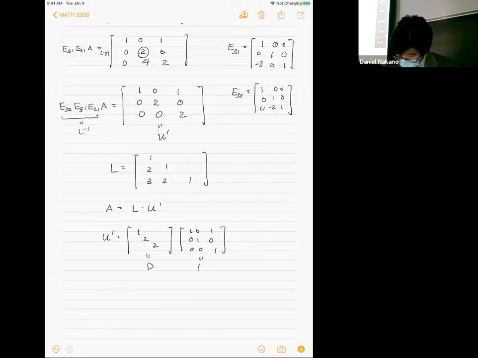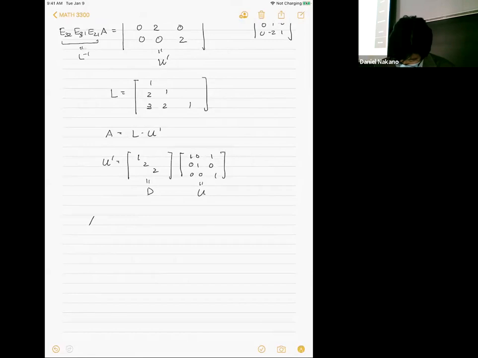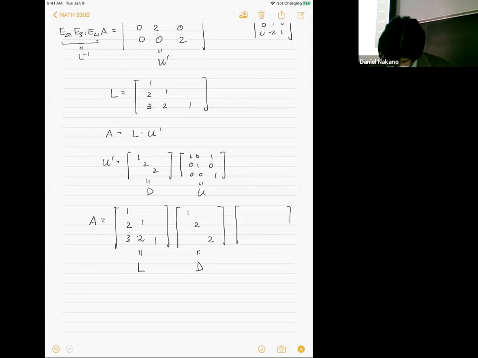And that is my U. Okay. So if we want to write everything out, A is going to be 1, 1, 1 with multipliers 2, 3, 2. So this is my L, and then the diagonal matrix 1, 2, 2, that's going to be my D, and the U is going to be 1, 0, 1, 0, 1, 0, 0, 0, 1. That's the U.